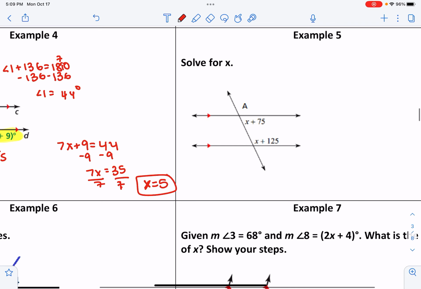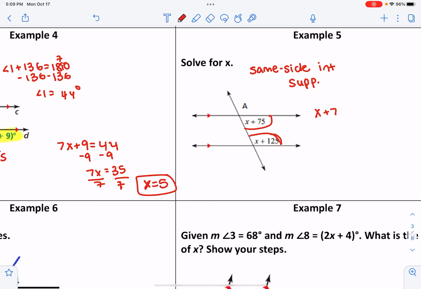All right, looking at example 5. This angle and this angle are same side interior. Same side interior are supplementary. So together, x plus 75 plus x plus 125 adds up to equal 180 degrees.